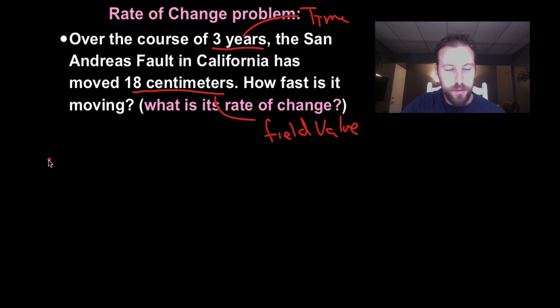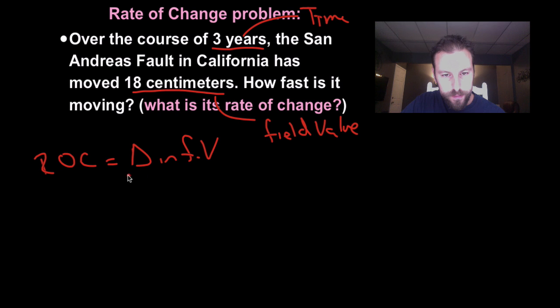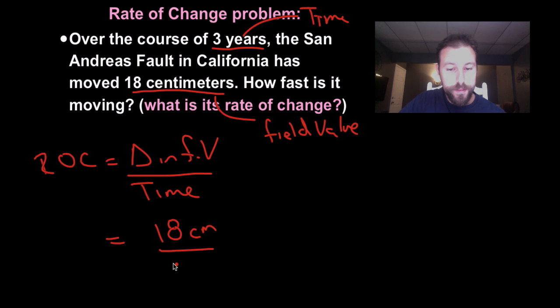So the first thing we do is we write our formula. Rate of change equals our change in field value over time.